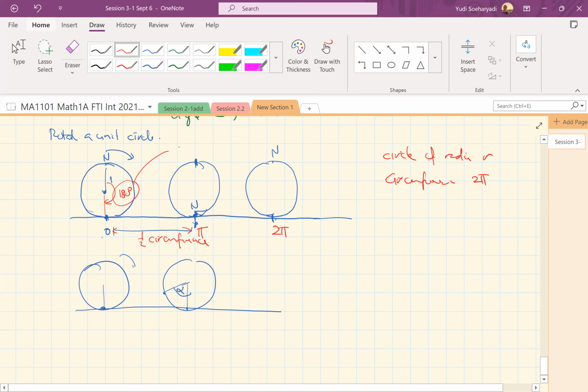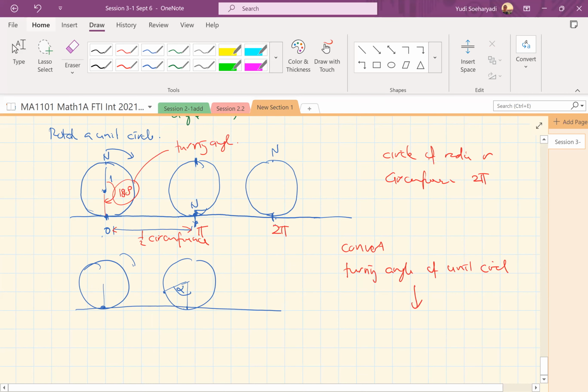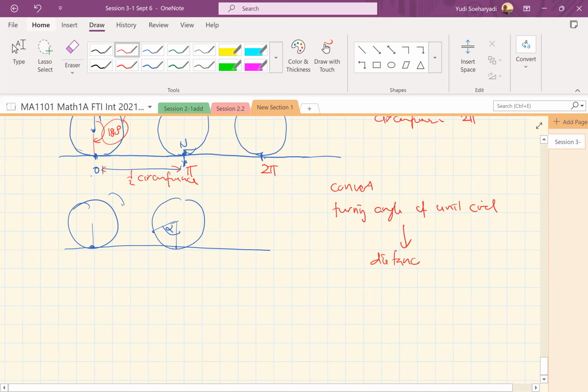So you convert the turning angle of a unit circle to distance, which is part of the circumference. 0 degrees converts to 0, it doesn't move, right?